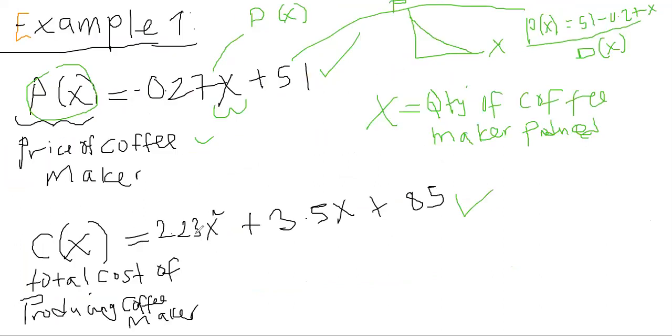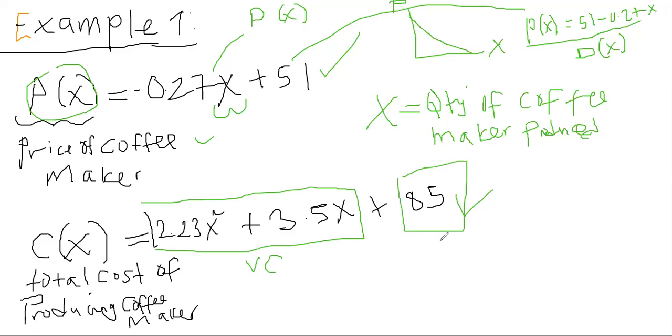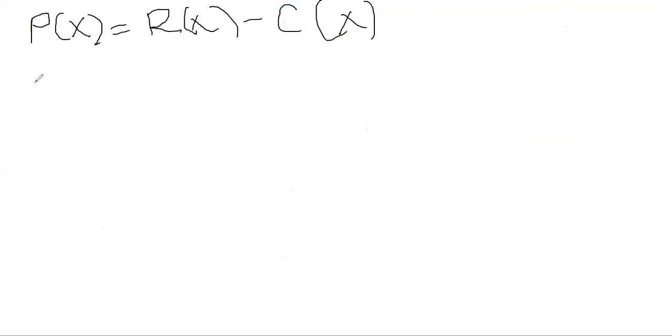This component of the cost function is the variable cost. We talked about it last class. So this component is the fixed cost. So anytime you see a total cost function, it is important you know which component represents the variable cost and which component represents the fixed cost. So going back to our question, to calculate the profit function, we can just say profit, which is a function of.